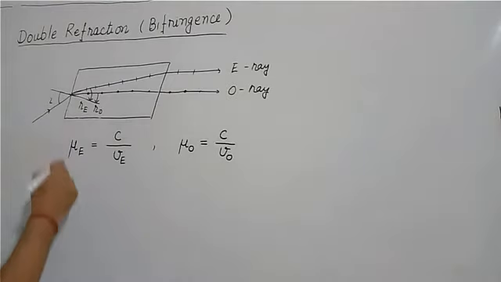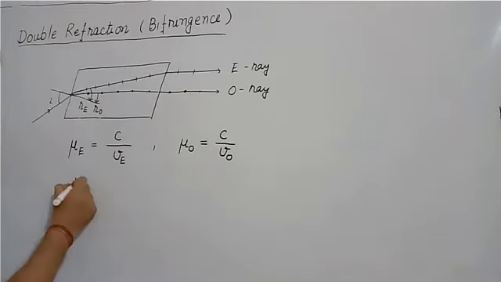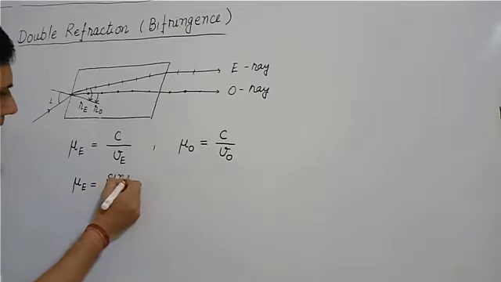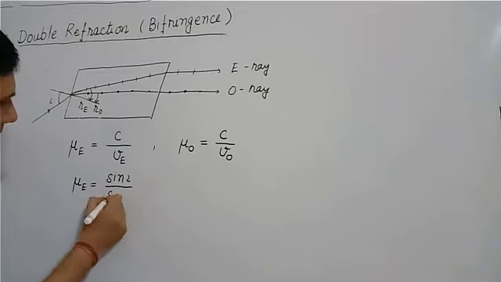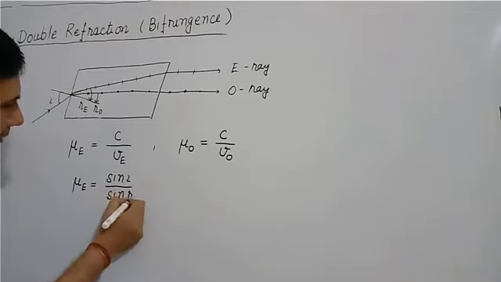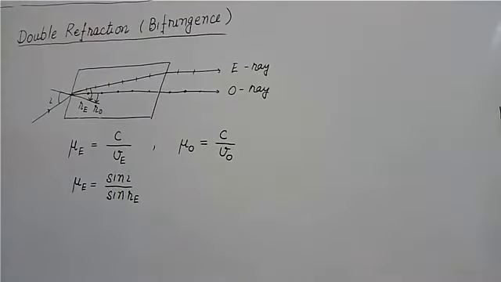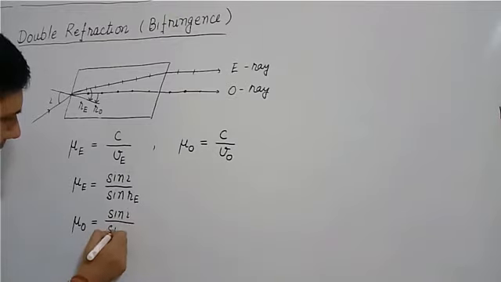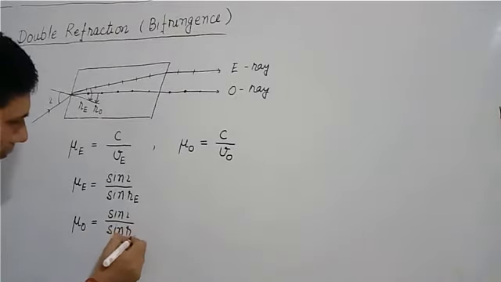Now according to Snell's law, this mu E is equal to sin I, angle of incidence, divided by sin RE. And for ordinary light, the refractive index corresponding to Snell's law will be sin I divided by sin RO.